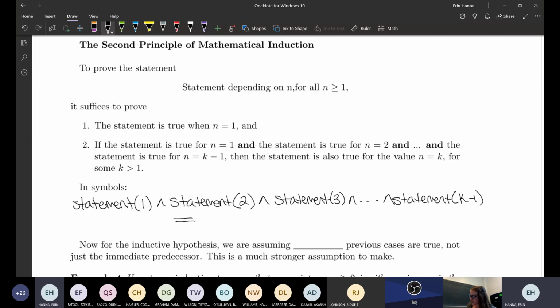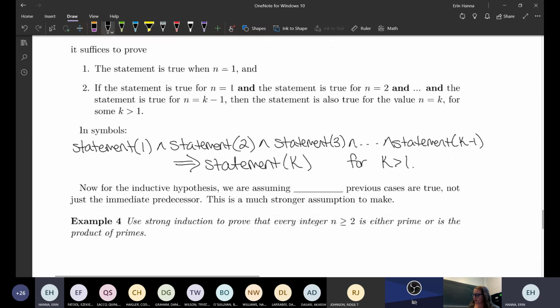And you're essentially showing that this implies that the statement is true for k. Again, the point here is that we're not just assuming it for one case, we're assuming it for all of these cases.